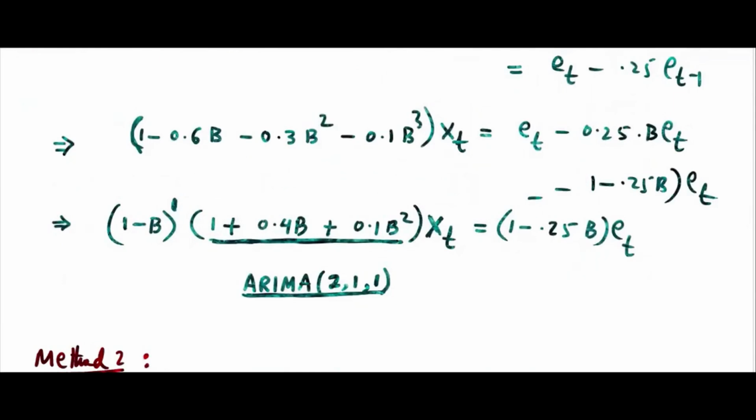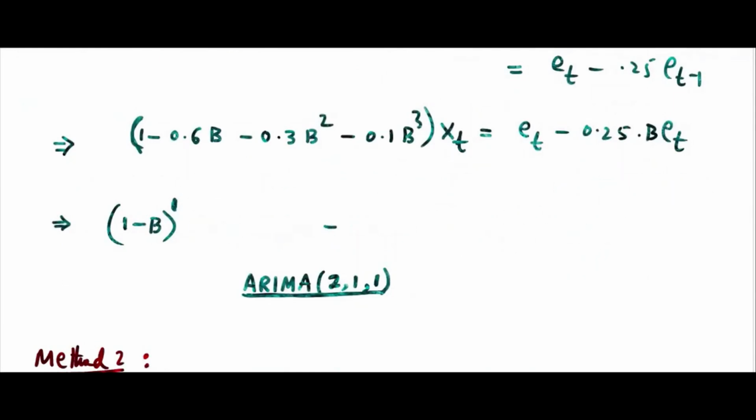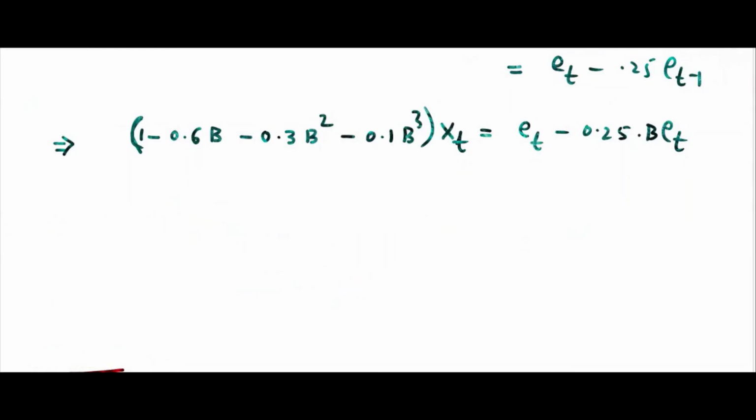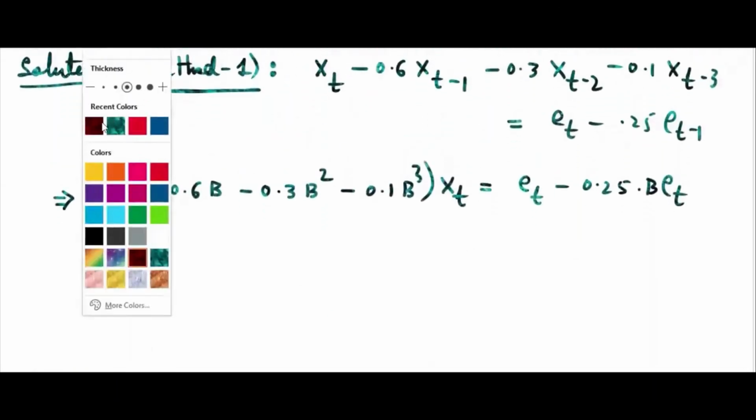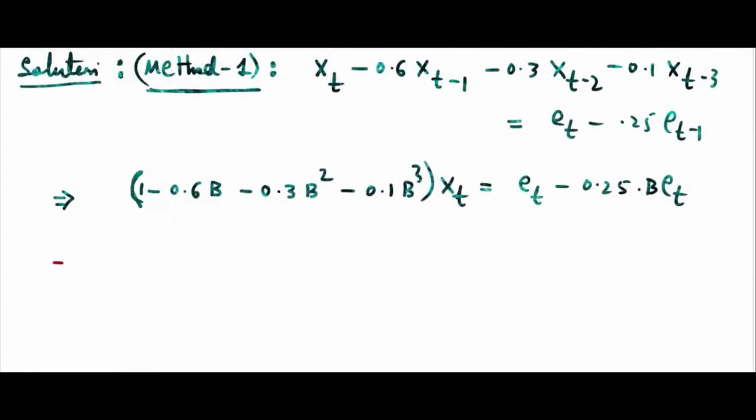We'll change our track from here. So this is the series. In method 2, we'll try to apply the differencing method directly. Okay, so we'll write this way.